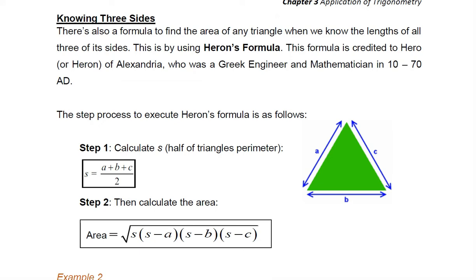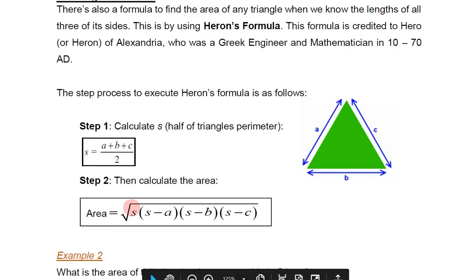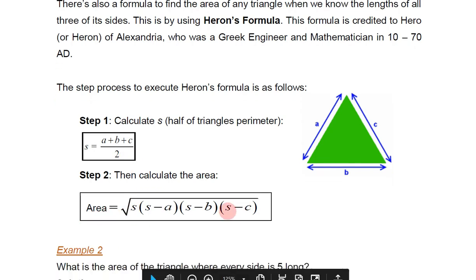Okay, next, if you know the three sides, we can use Heron's formula, where you need to find S, which is A plus B plus C, all the sides, divided by 2, and then use the formula for area to get the answer.